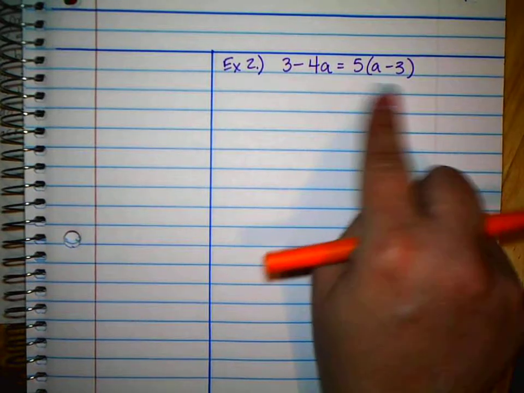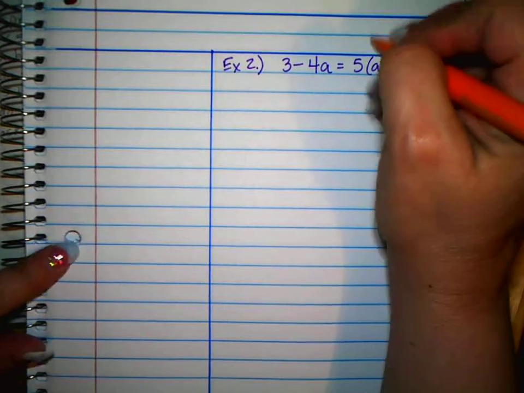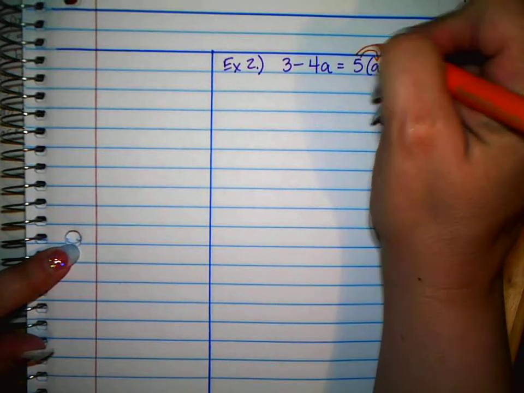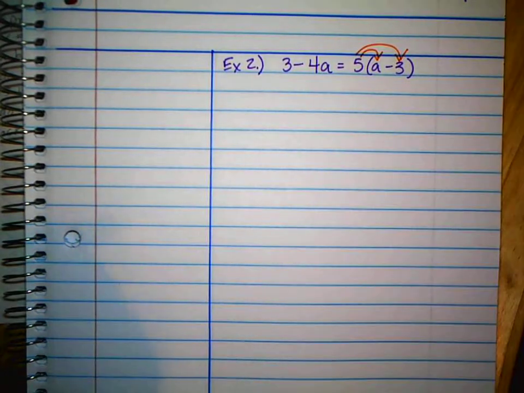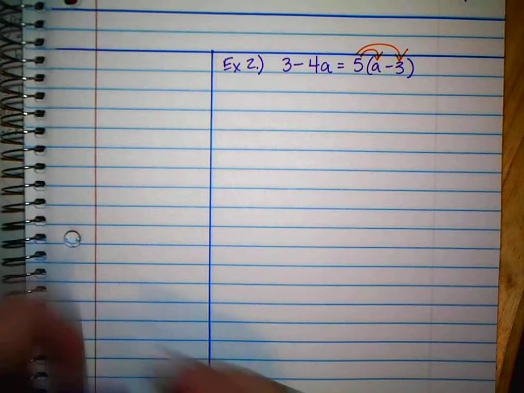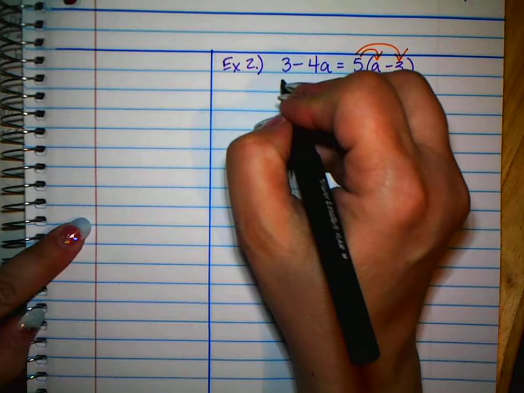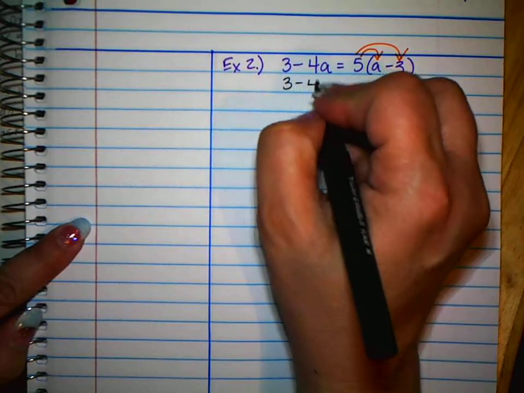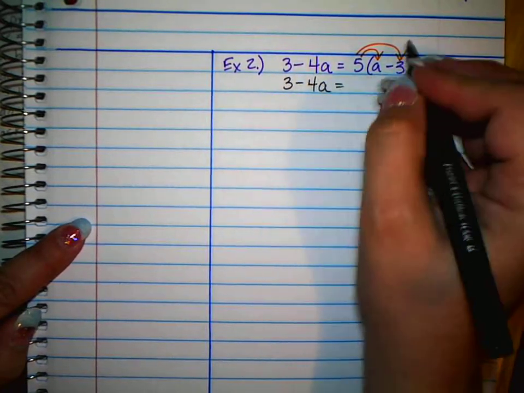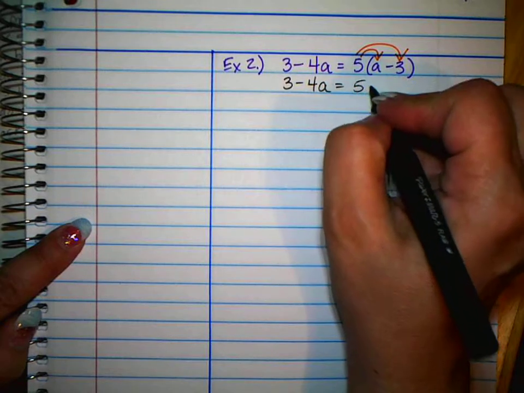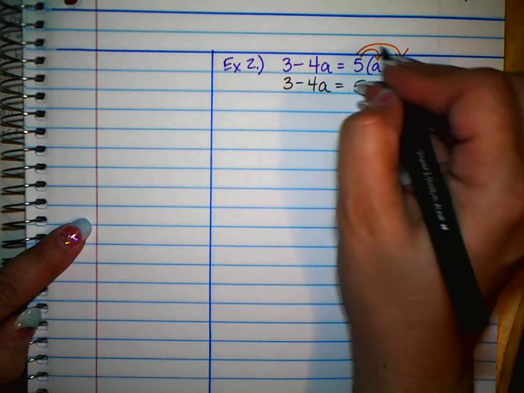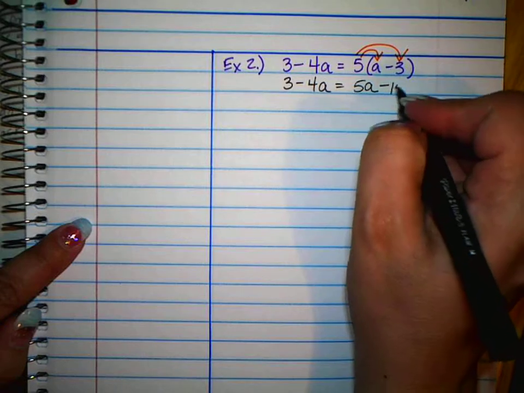It has a set of parentheses that I'm going to have to remove. And I'm going to keep showing you the arrows until we're positive you understand what we're doing. And I'm going to recopy everything. 5 times a is 5a. 5 times the negative 3 is negative 15.